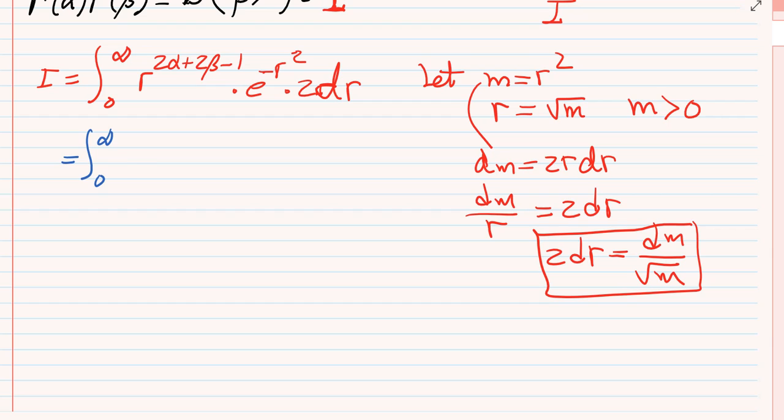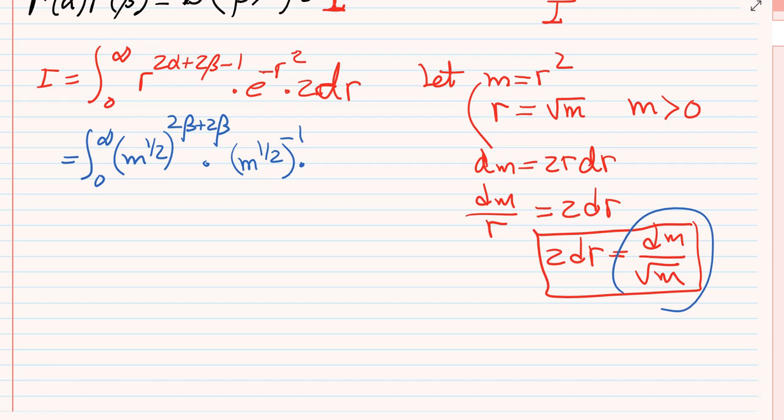Remember, r is the square root of m, so it's m to a half to the power of 2 alpha plus 2 beta times m to a half, remember that's r, to the power of negative 1, times, now 2 dr, remember 2 dr is dm over square root of m.